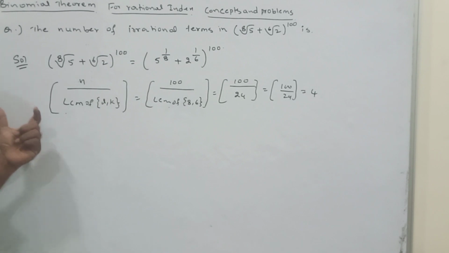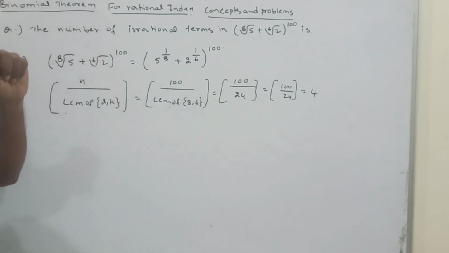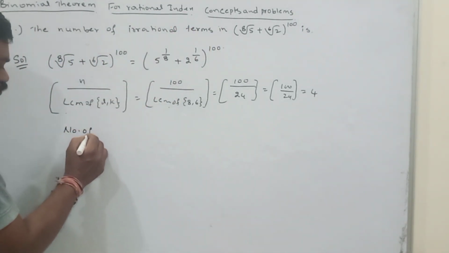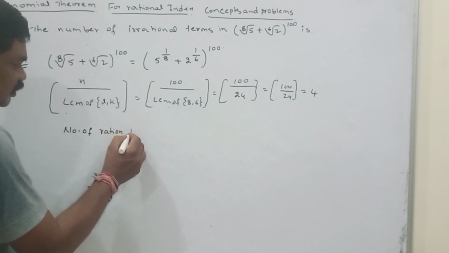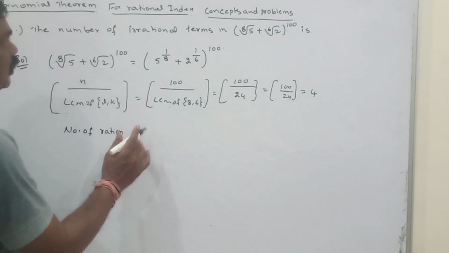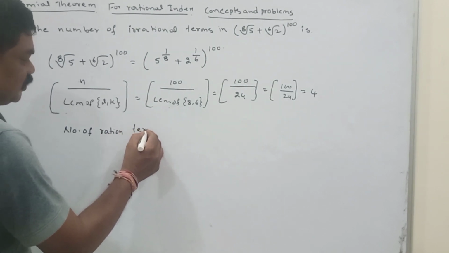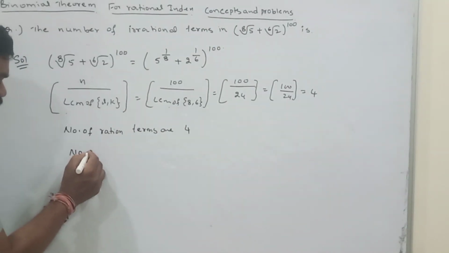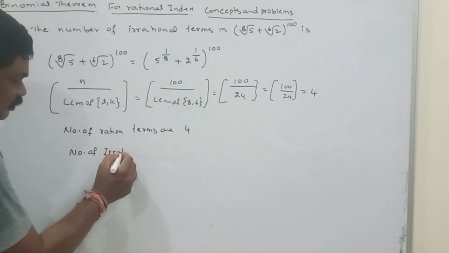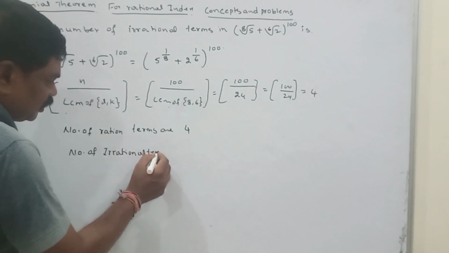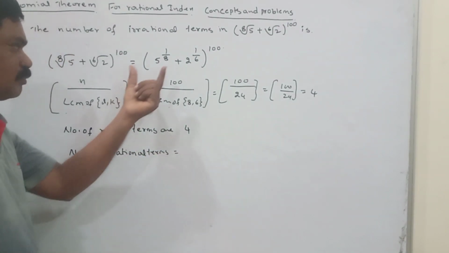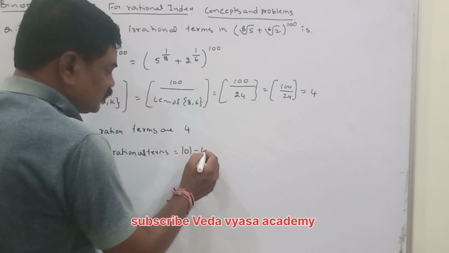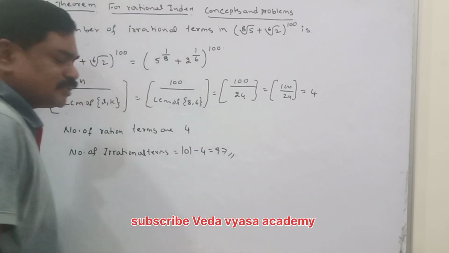So the number of rational terms in this expansion is 4. The number of terms in this expansion is 101, so the number of irrational terms is 101 minus 4 is equal to 97.